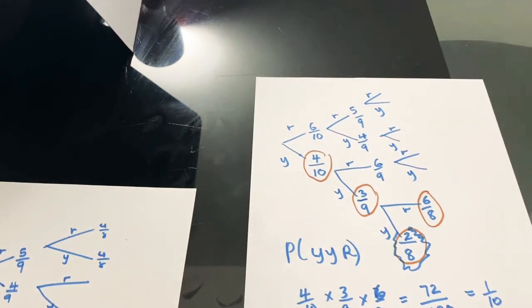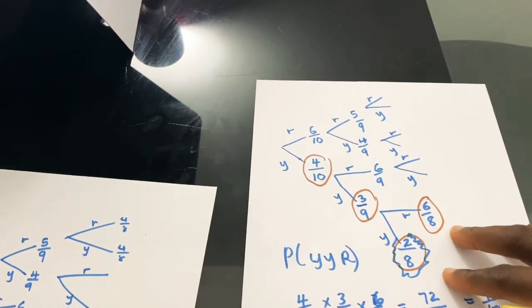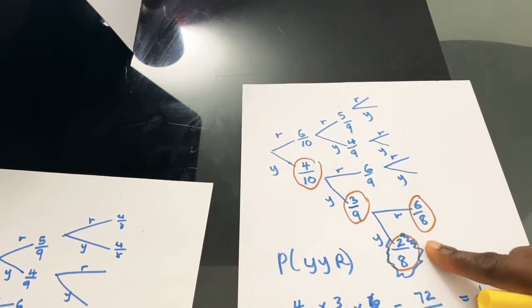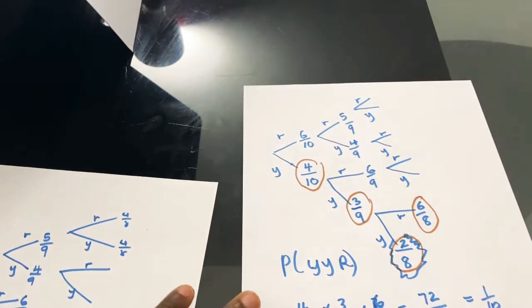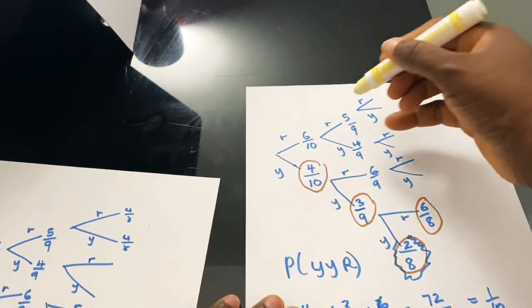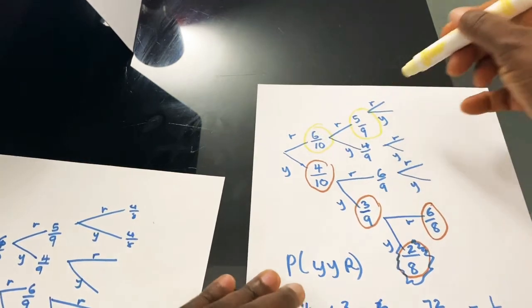You do not need to do all of them, at least one yellow. All of these probabilities have at least one yellow in them. The only one that does not have a yellow in it is red, red, red. That's the only one, so that's the one that you need to think about. So we want to have a look at this one, and the last one there.